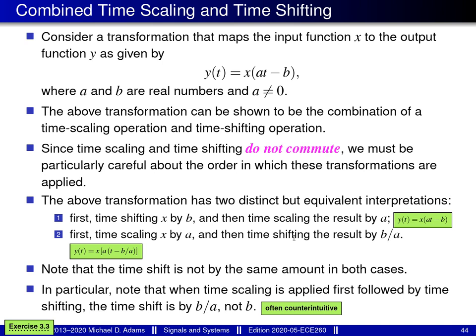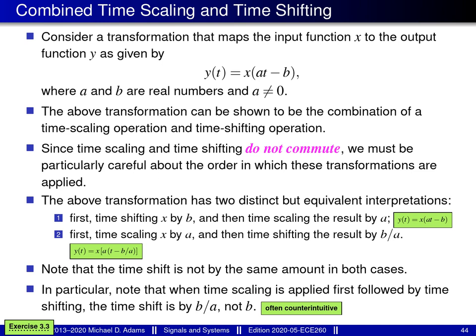Order of operations still completely applies, but there's another flaw in our logic which leads us to the wrong conclusion about the order in which the shifting and scaling operations should happen. I'll come back to this later because it's extremely important. These types of combined time scaling and time shifting transformations occur all over the place, so if you can't understand what they mean, this will cause you a great deal of grief.